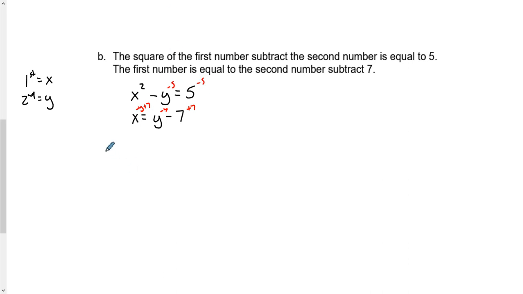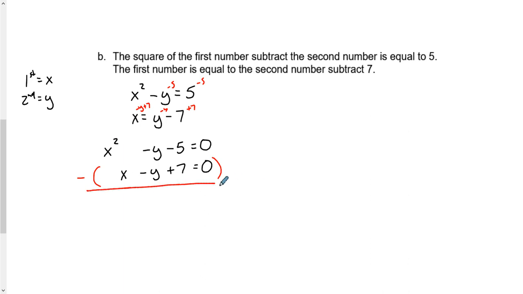So the first equation becomes x squared, subtract y, subtract 5 equals 0. And our bottom equation is x, subtract y, add 7 equals 0. By setting this up so that we have the same kind of things over each other, we can eliminate a whole bunch of our stuff.